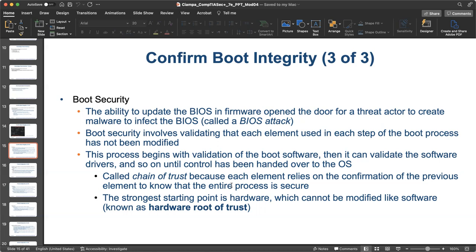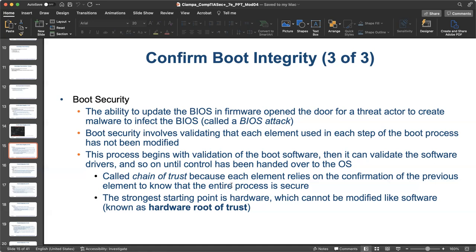Boot security that we're discussing here involves validating that each element used in each step of the boot process has not been modified. This process begins with validation of the first element, which is the boot software. Once the first element has been validated, it can then validate the next item, such as a software driver, right?